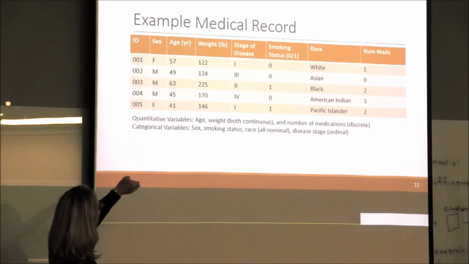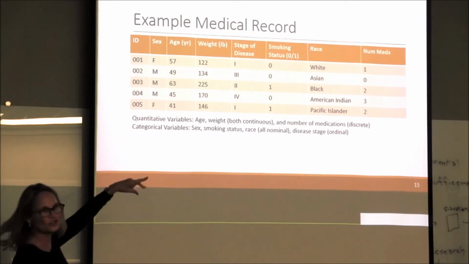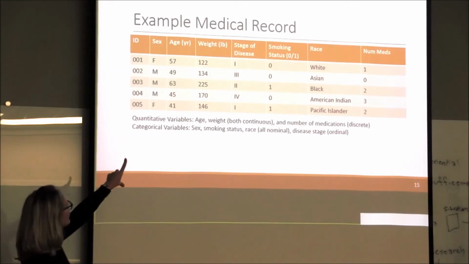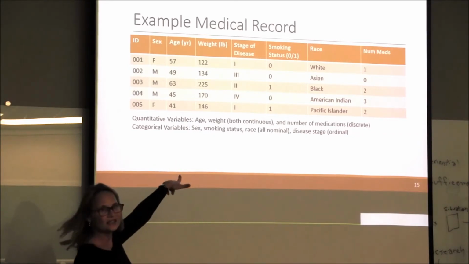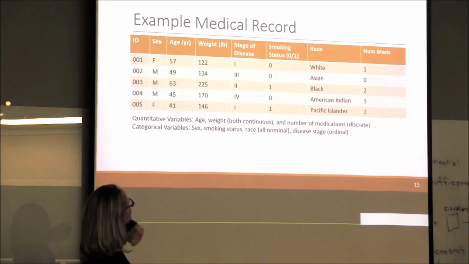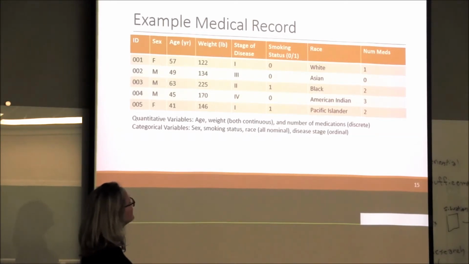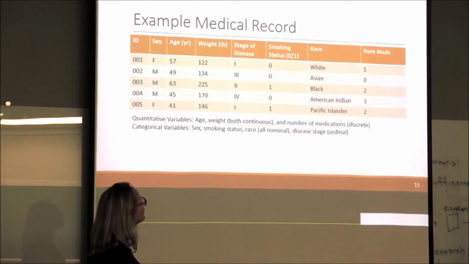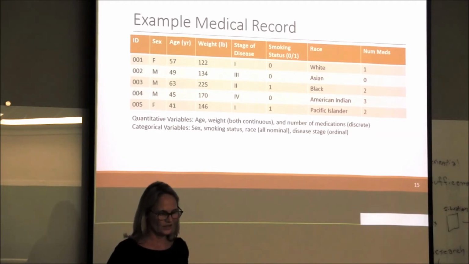Then I would look at these and find out: is this sex variable, which is 2 levels, dichotomous; age on a continuum, weight on a continuum, stage of disease is ordinal, smoking status here is no or yes, is dichotomous, race is categorical or nominal, and then number of meds, of course, is discrete. Quantitative variable. So that's an example.